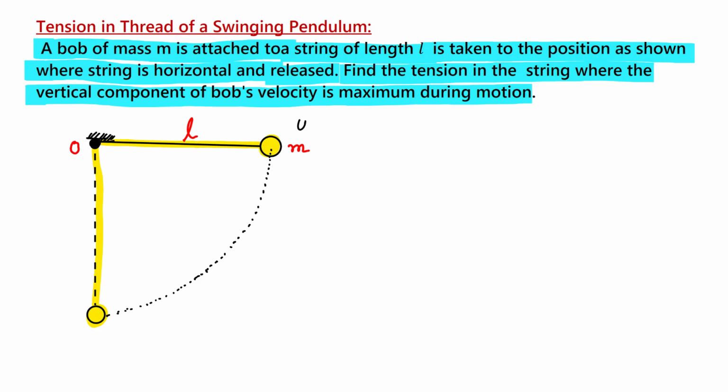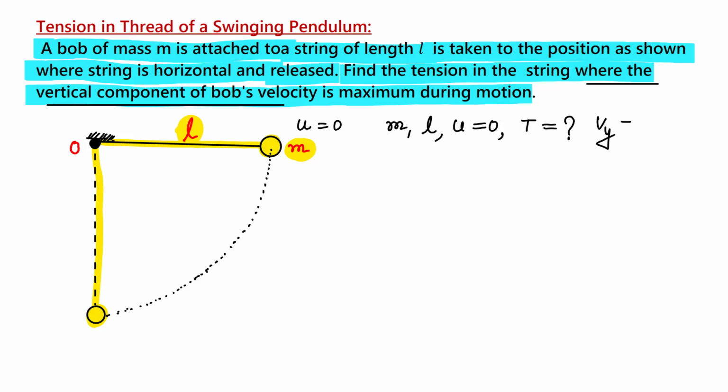So initially it has been released with zero velocity, and the mass of the pendulum is given, that is m, and the length of the pendulum is also given, that is L. Initial velocity u is equal to 0, this is also given, and we have to find the tension in the string when the vertical component of the bob's velocity is maximum. This means we have to find it when Vy is maximum.